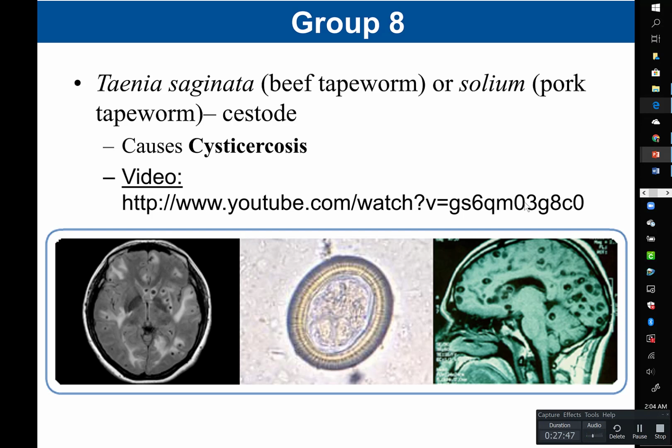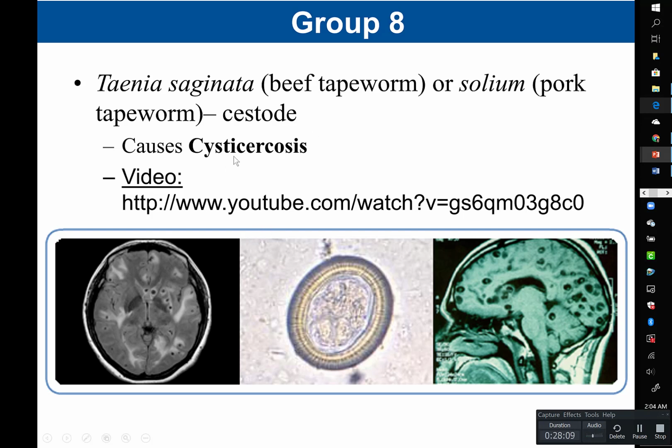However, if you happen to ingest the egg, so this is the egg under the microscope, this is a Taenia solium egg. If you happen to ingest the egg stage, so not eating the meat, but the egg stage, you get something called cysticercosis.